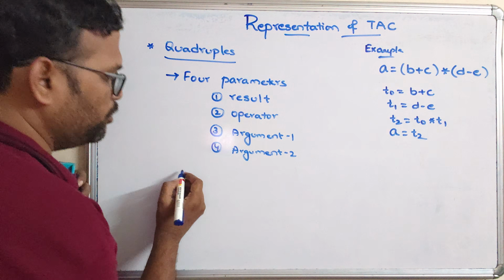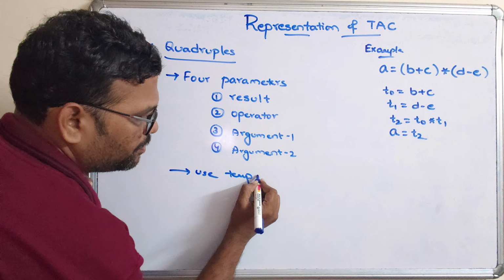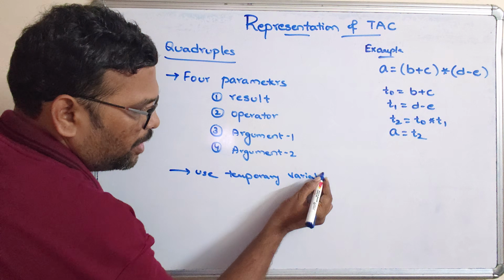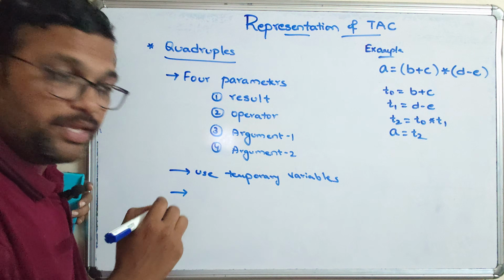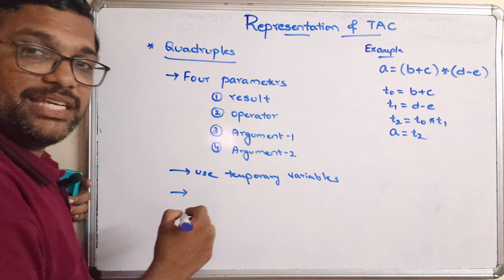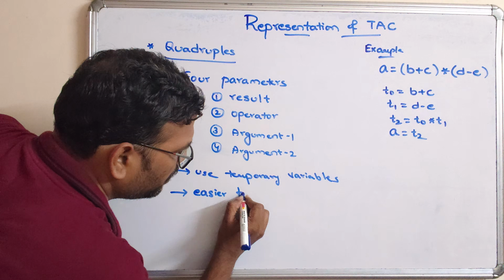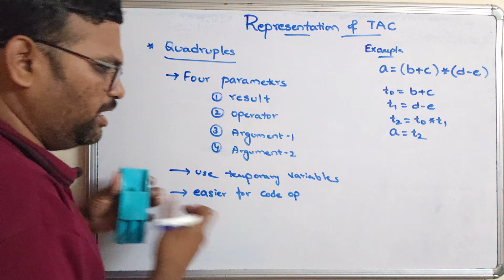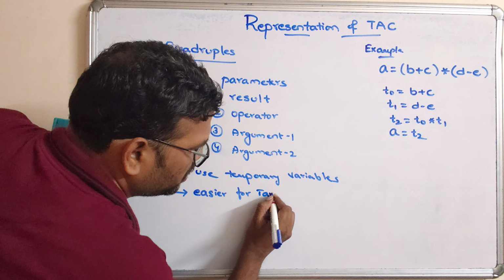Here we'll use temporary variables, and this quadruples representation is easier for code optimization, or we can say for machine code generation or target code generation.